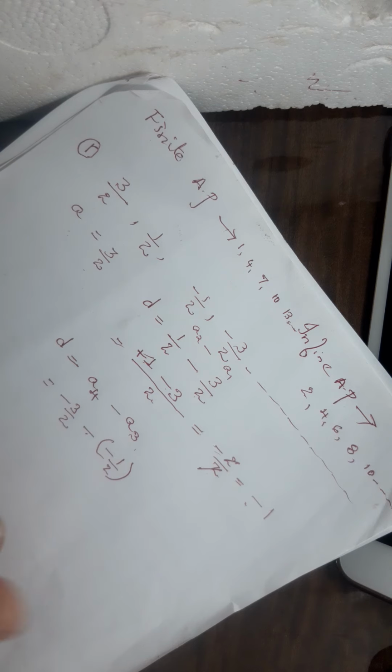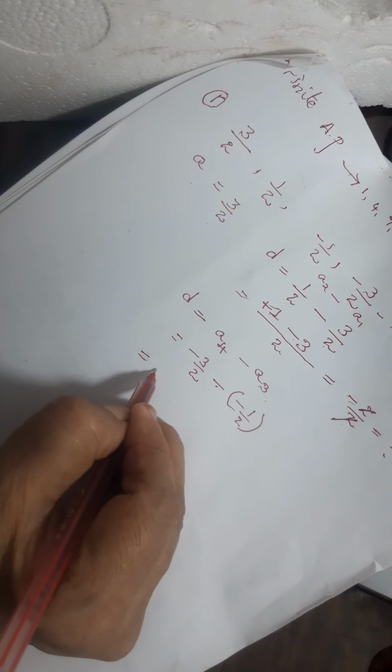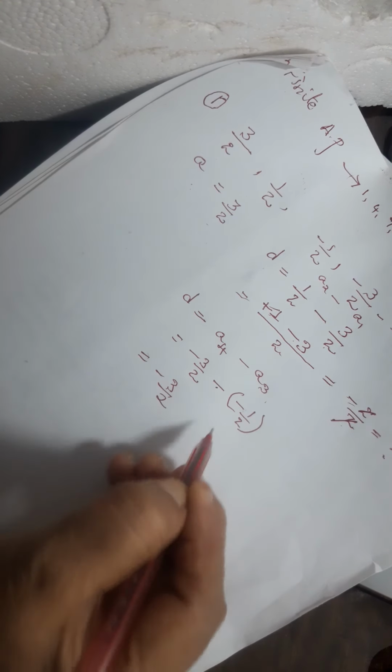Whenever a negative number is there, you have to put it in the bracket, because anyway, in the next step, the sign will change. So, minus into minus becomes plus half.